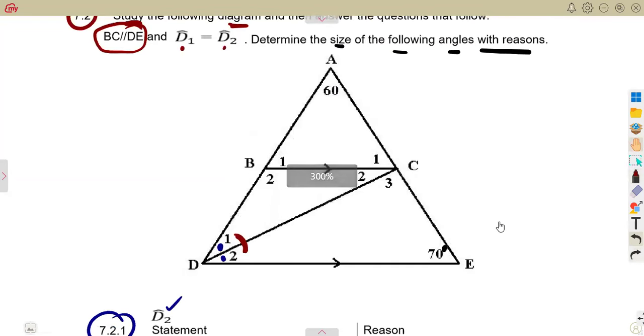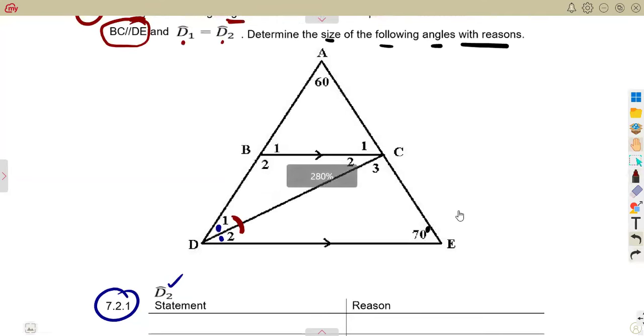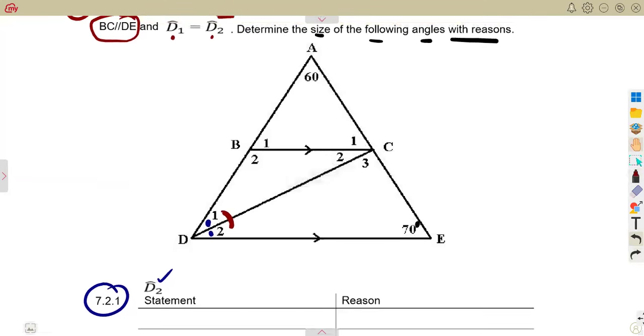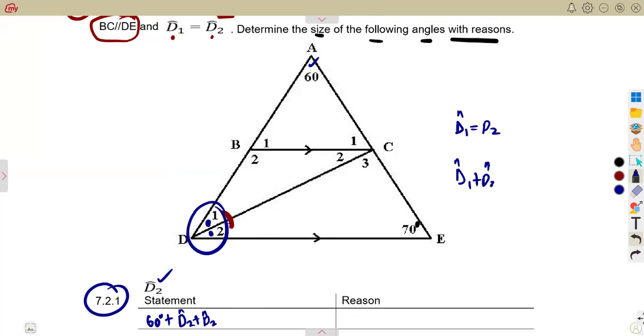We're going to have the 60 degrees at A plus D1 and D2. Remember, if D1 is equal to D2, we can just write this as D2 plus D2.